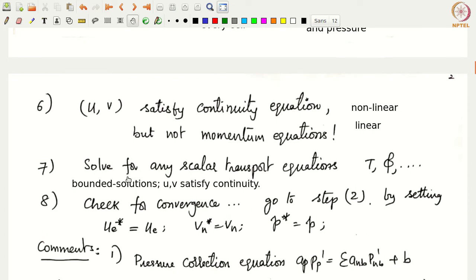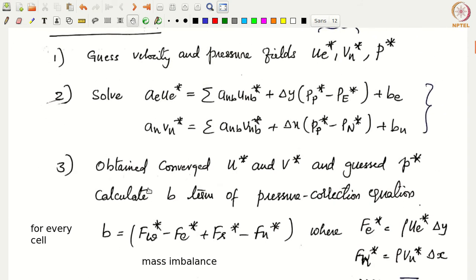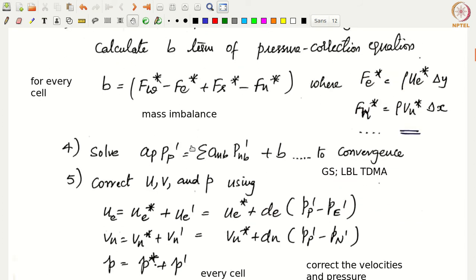So if we don't have any scalar transport equations to solve, how many Gauss-Seidel loops do we need here? We need one to converge the x momentum, one to converge the y momentum, and one to converge the pressure correction. Essentially we need 3 Gauss-Seidels or 3 line-by-line TDMAs. That is massive, isn't it? Because if you take a domain with 100 by 100 cells, that means we have 10 power 4 cells.